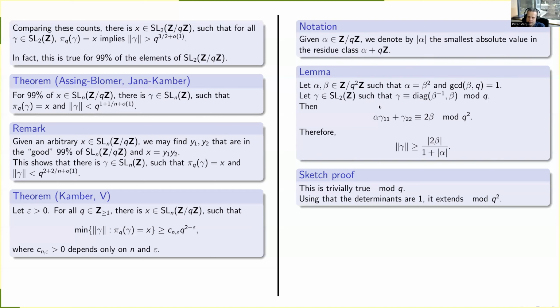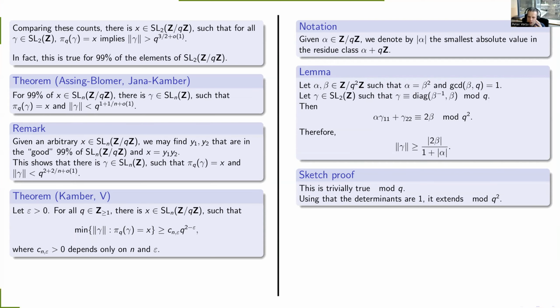So this means that this entry, alpha times gamma 1,1, is going to be congruent to beta modulo Q. So this whole thing is just congruent to 2 times beta modulo Q. But I claim here something more. I claim that I also have a congruence modulo Q square.